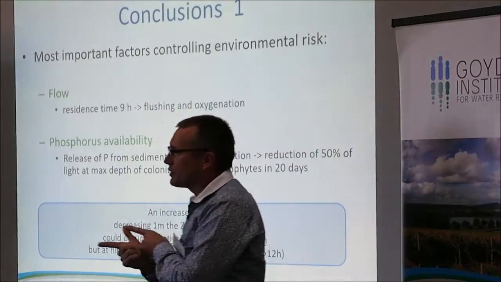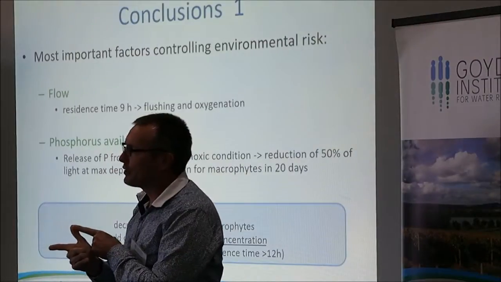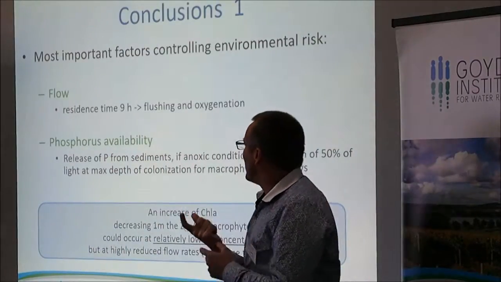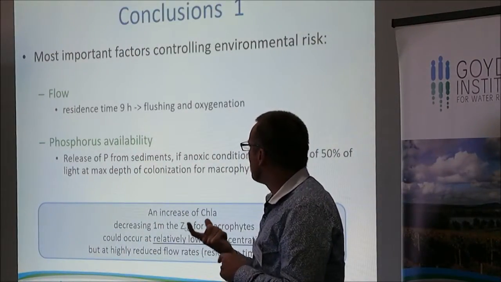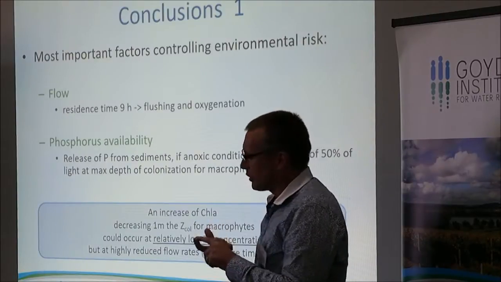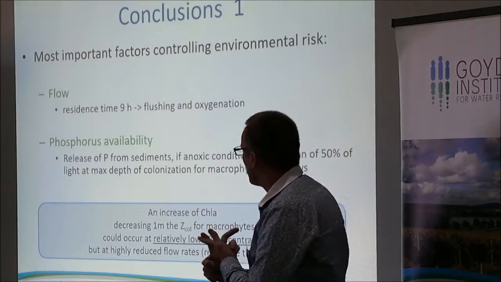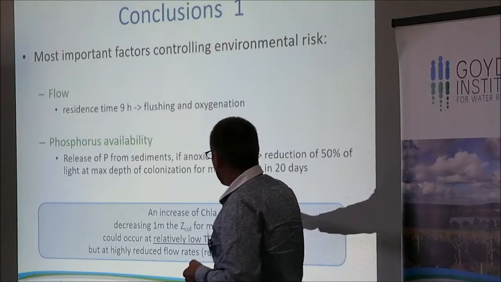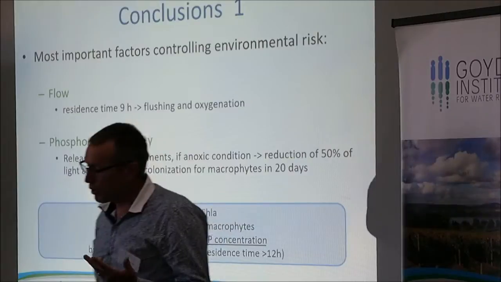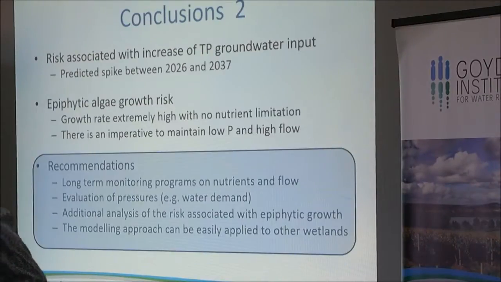If you increase phosphorus, epiphytic algal growth will increase, and so we still need some phosphorus control, or make sure we've got low phosphorus in this environment. So maintaining high flow and low nutrients is really critical to maintain macrophyte communities in Newlands ponds and keep it in this clear water state.